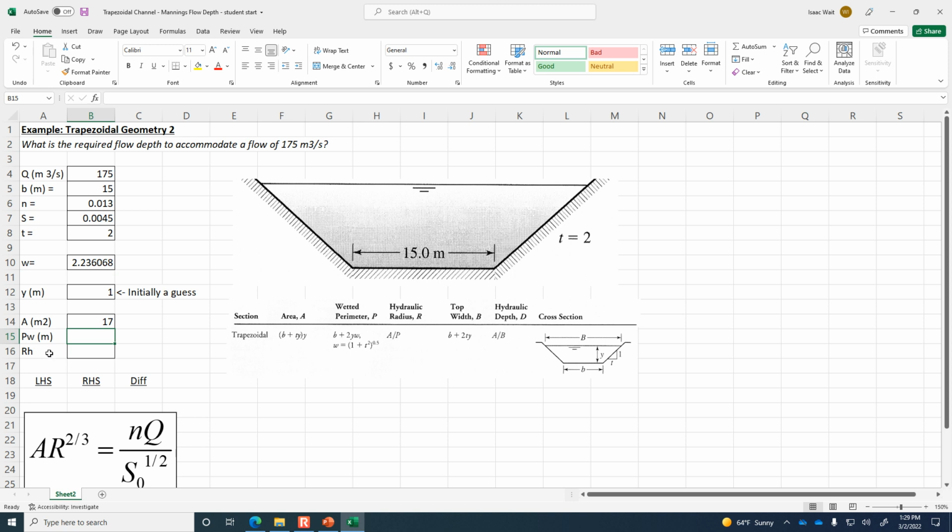And now the wetted perimeter also is going to be based on this guess of our depth. So the formula for wetted perimeter you can see is b plus 2y times w. So equals b plus 2 times y times w.